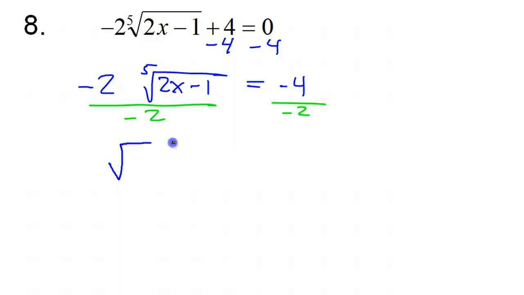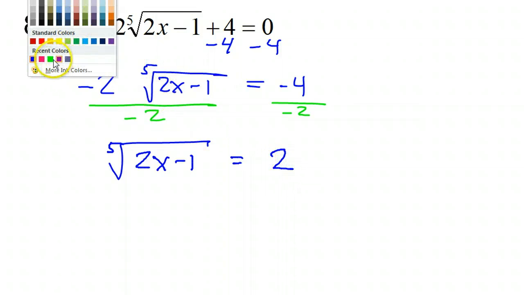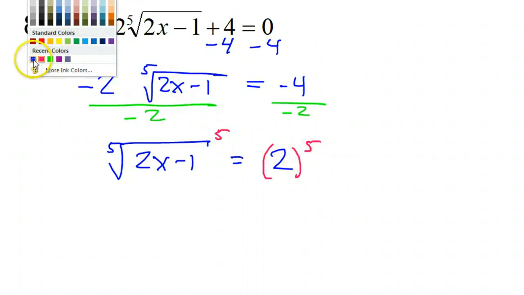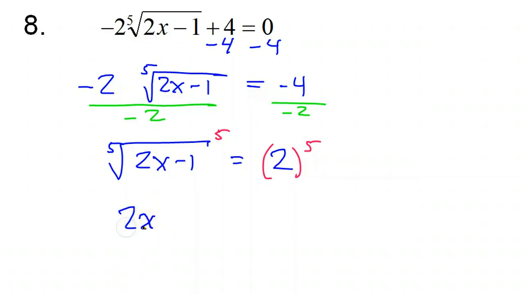So that will give us the fifth root of 2x minus 1 is equal to positive 2. Now I can go ahead and do the fifth power to both sides. So fifth power, fifth power. So that's going to give us 2x minus 1 is equal to 32.